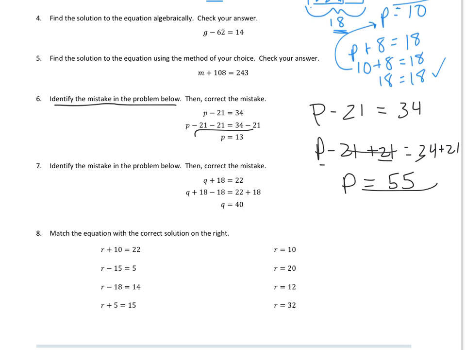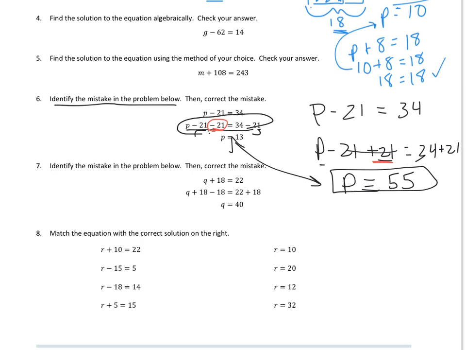Now I'm going to look over and see what number 6 did so I can identify my issue. I'm seeing right here in this section, first, my answers don't match, so I'm going to go to the next line up and see the mistake. And I see that they have p minus 21 minus 21. That's where I'm seeing the mistake: they subtracted 21.